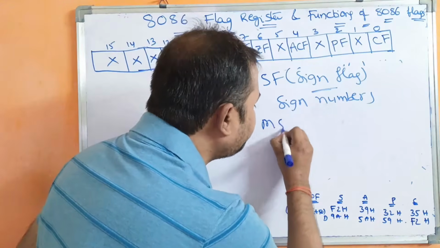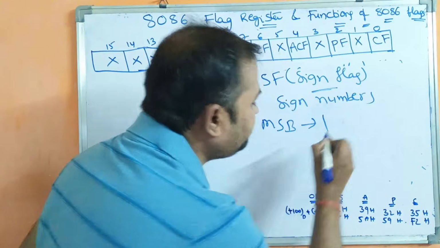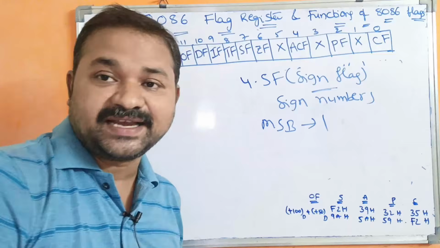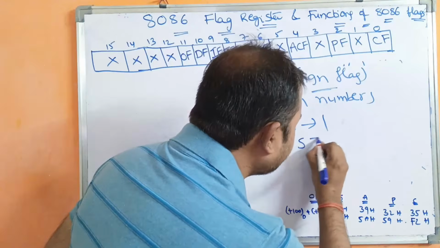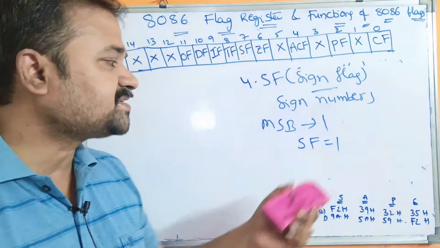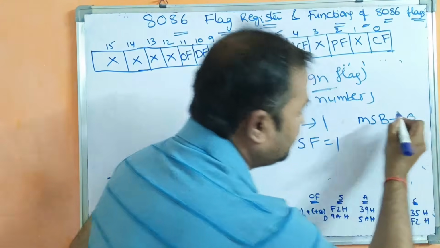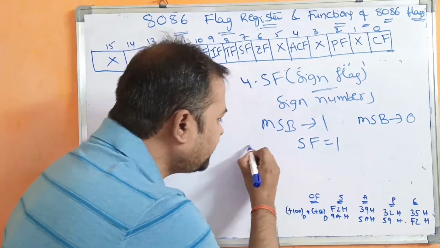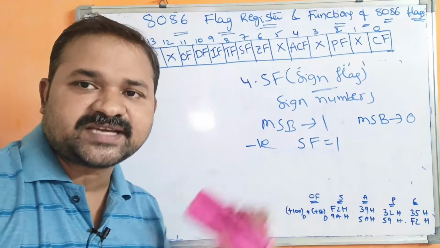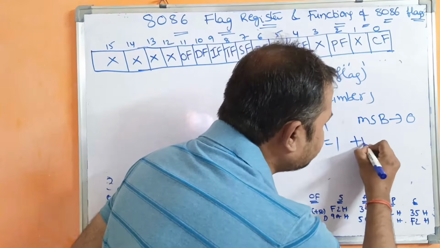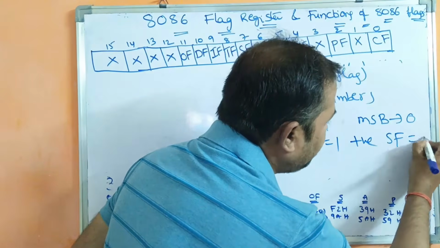If the MSB is 1 after performing the operation, then it is called a negative number, so the sign flag will be set. If the MSB is 0, it is a positive number, so the sign flag will be reset.